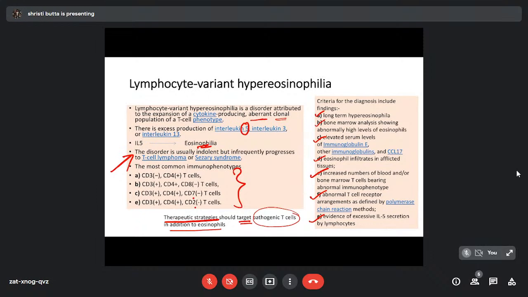Now coming to the pathogenesis of the eosinophilic disorders. MBP1 is stored in a non-toxic form in the eosinophil granules, and when released it shows cytotoxicity against bacteria, parasites, and host tissue.